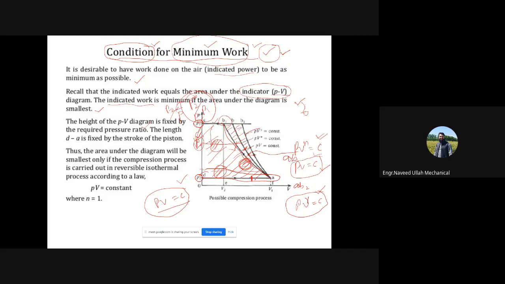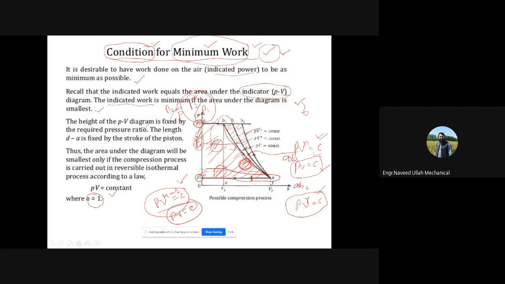Because of this piston stroke or the cylinder volume. So they are saying that the area under the diagram will be smallest only if the compression process is carried out in a reversible isothermal process according to the law in this one, where the polytropic index is 1, right? If you take this equal to 1, this will be PV is equal to constant.